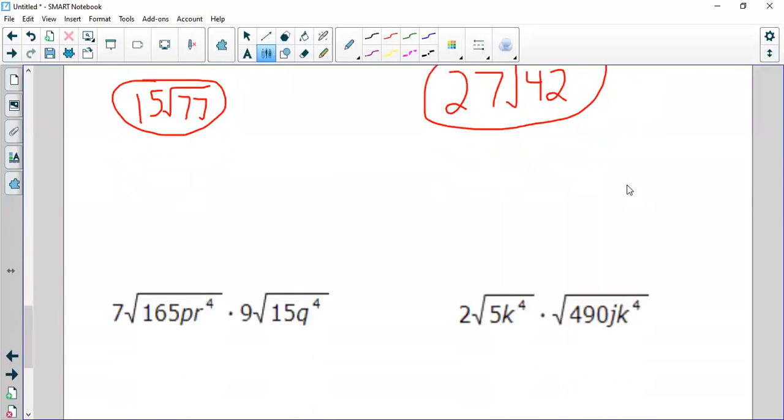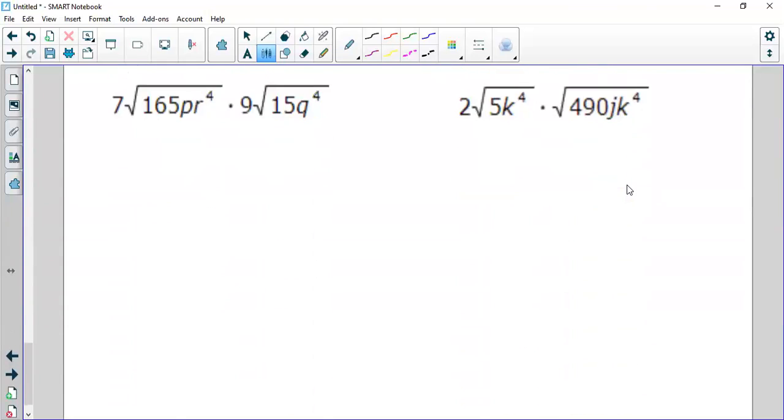Now let's throw in some variables too. Go for the whole gusto here. 165, that's a big number. I don't think there's any perfect square factors now. Let's see, 165 divided by 5 is 33. That's not going to help me. But look at this number, 15.